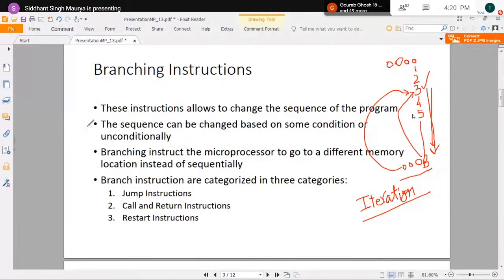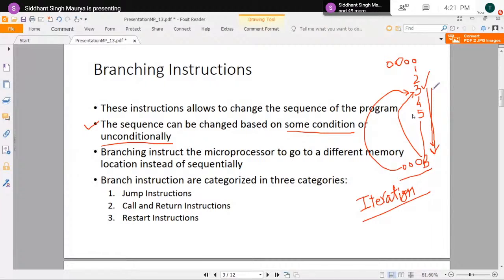So the sequence can be changed based on some condition. This is what I'm talking about. Some condition, or it can be changed unconditionally. So the sequence can be based on some condition, or there may not be any condition at all. Branching instructs the microprocessor to go to a different memory location instead of sequentially.